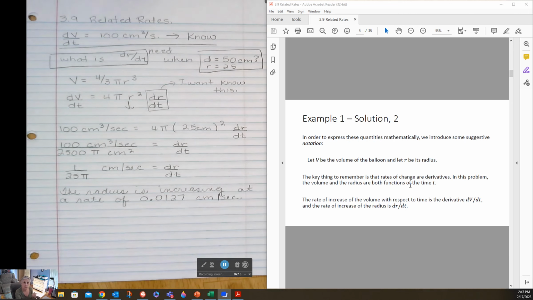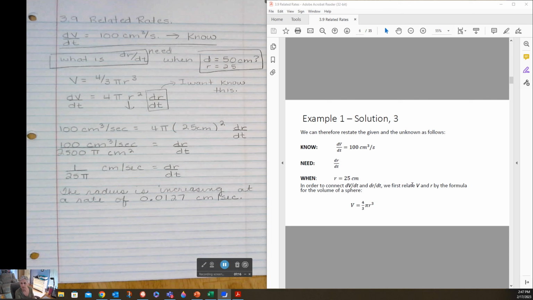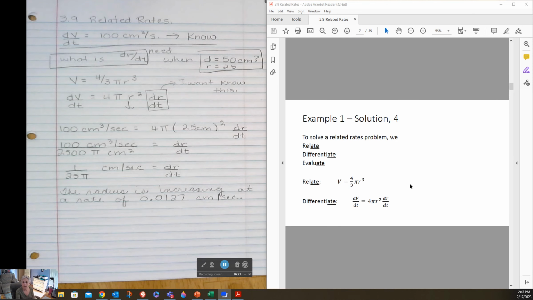Now, once you get the setup done, you're going to do 3 other things. This tells you that you do need to add in some variables. There's our know, our need, and our when. After you set up, in order to solve it, you relate, differentiate, evaluate. Relate is easy. You just have to figure out which formula you're going to use. In this one, it was volume.